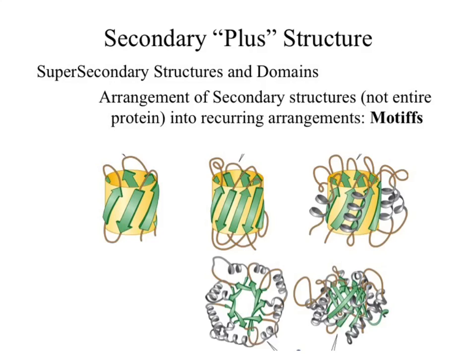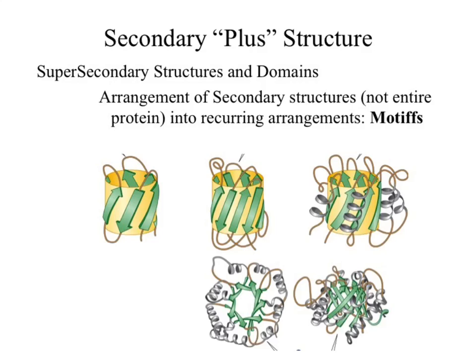What I think makes this even worse is that if we push to our extreme over here, our far right, what's happened there? You have a beta barrel with alpha helices aligned along it. Well, that's got to be tertiary structure because I have beta and alpha. That can't possibly be secondary. Sorry, it's secondary plus.